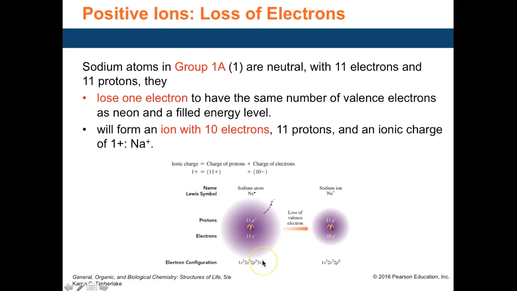So sodium prefers to give up this electron and then achieve an octet. So now it has 10 electrons but 11 protons, and that's why the sodium now has a positive charge, and the name of this ion is sodium ion. So it retains its name just like the atom. However, the suffix ion follows it.